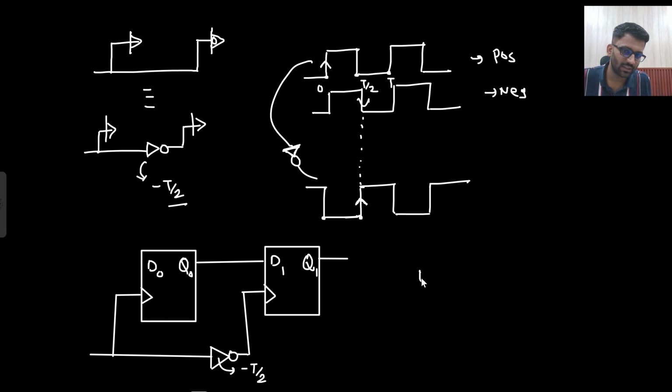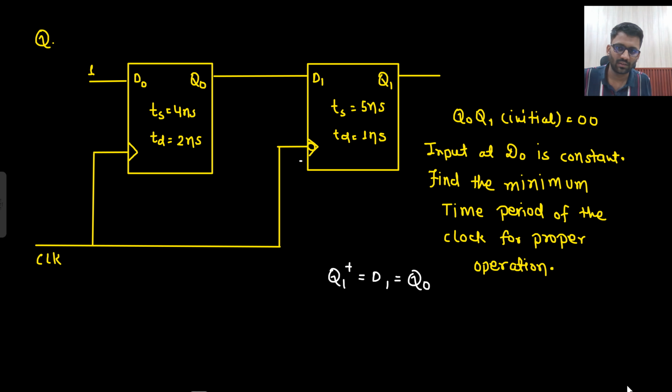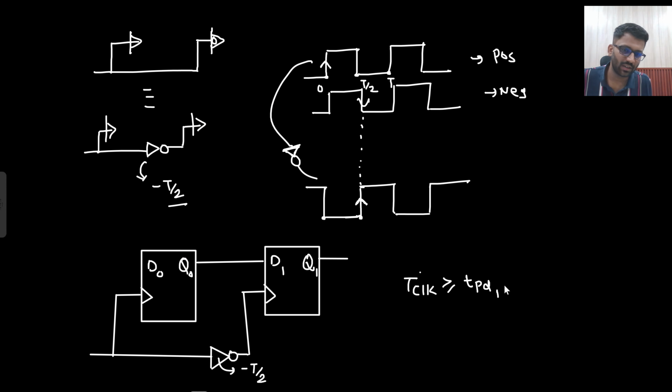So first I will pass what would be my T clock. So T clock should be greater than or equal to TPD1 it was, right? TPD1 I am calling it. TPD1 plus setup of this minus T clock by 2. Minus of minus T clock by 2, sorry for that.